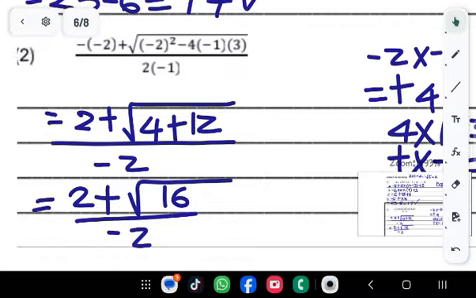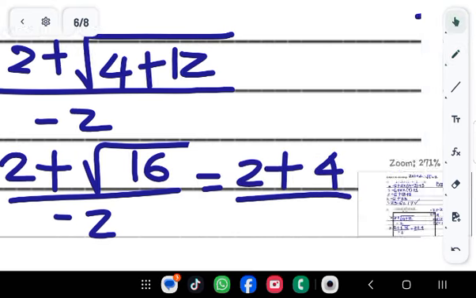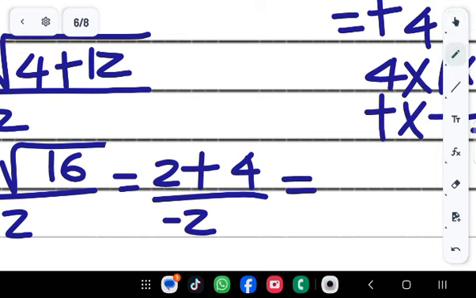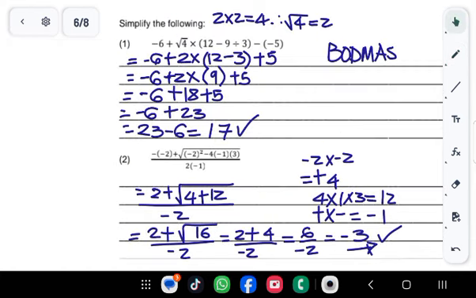The square root of 16 is equal to 4. So 2 plus 4 is 6. 6 over negative 2. Positive divided by negative is negative, and 6 divided by 2 is 3. So the answer is negative 3. And that's how you get the answer there.